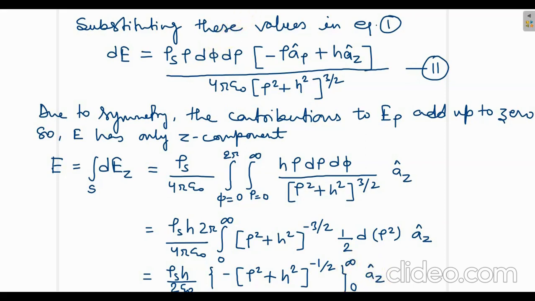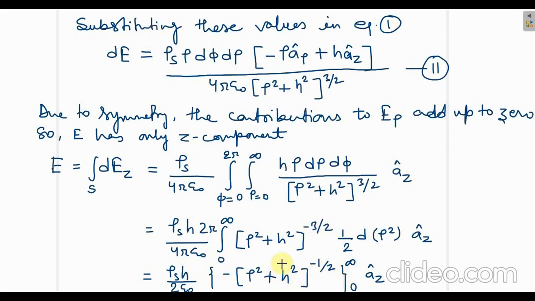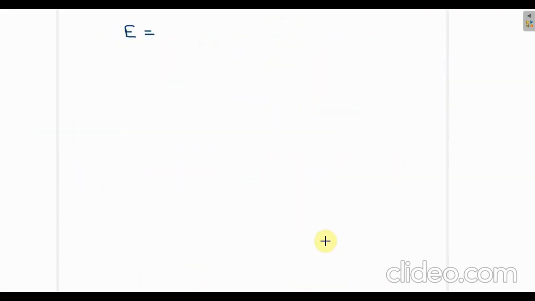Now further solving it, we get this, see, using binomial theorem, some higher order terms can be neglected. So E equals rho s upon 2 epsilon 0 az.